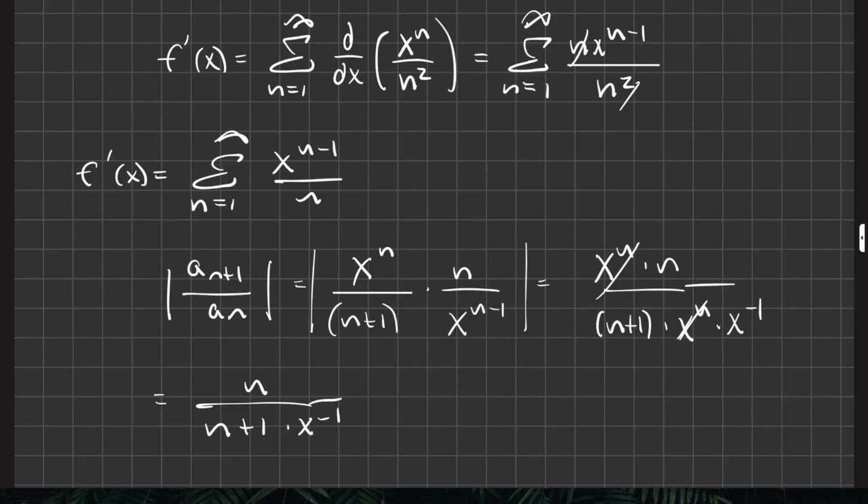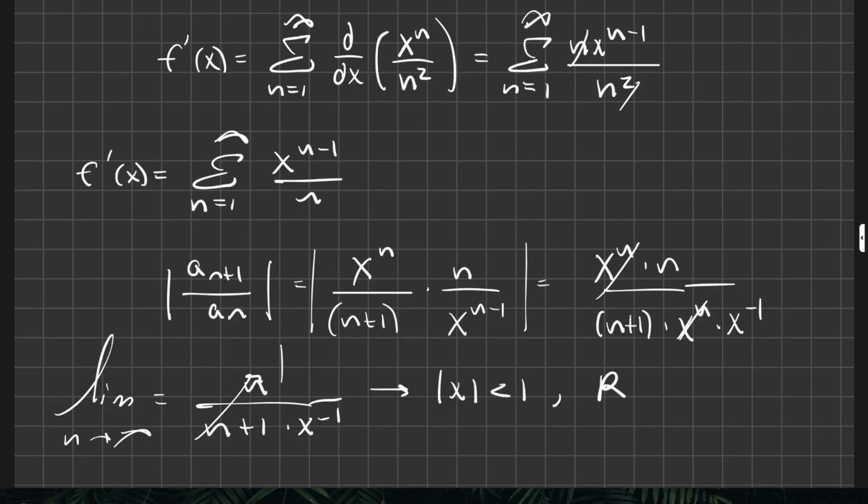Okay, and when we take the limit, we can bring this x up. This limit will go to 1. Again, either divide by powers of n or use L'Hopital's rule. And so we're just looking at the absolute value of x being less than 1.